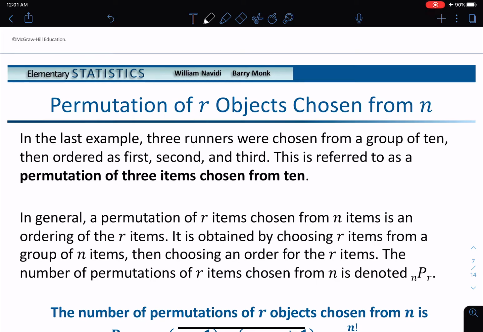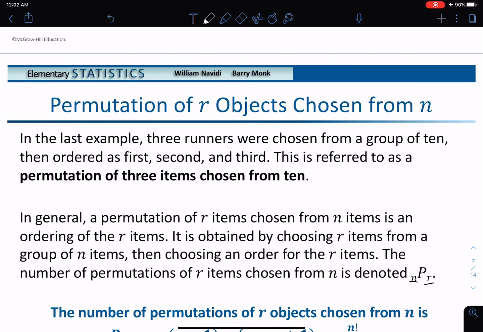This is referred to as a permutation of 3 items chosen from 10. In general, a permutation of R items chosen from N items is an ordering of R items. It is obtained by choosing R items from a group of N items, then choosing an order for the R items. The number of permutations of R items chosen from N is denoted as the permutation of N choose R.